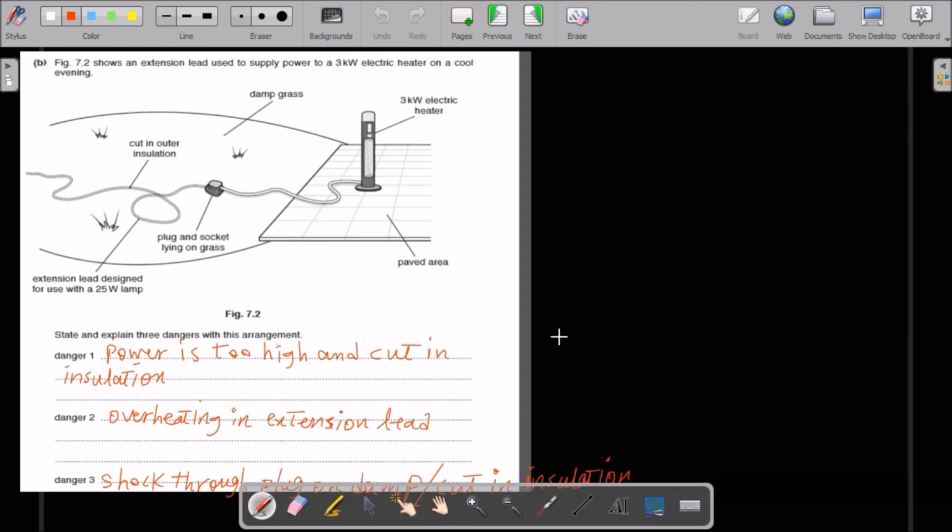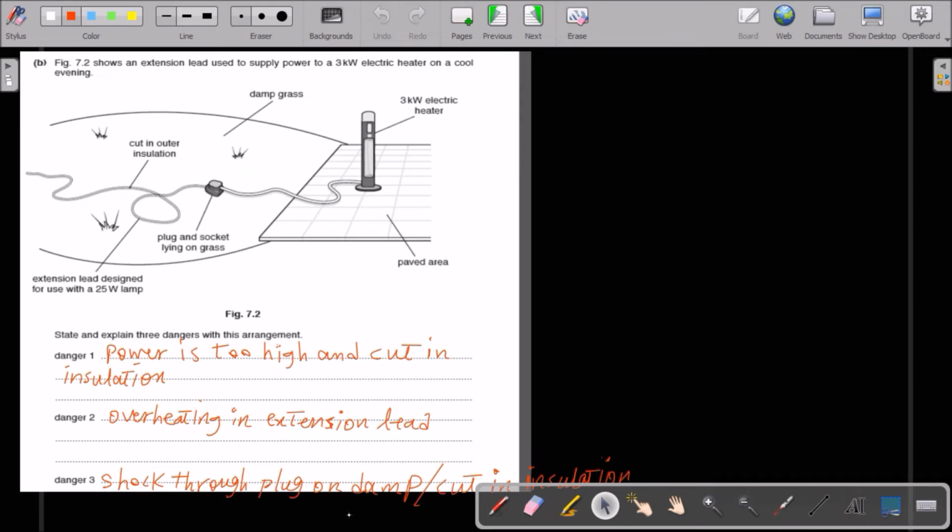And the third one, you can see that shock through the plug on damp or cut insulation. So these are three important dangers for this arrangement.